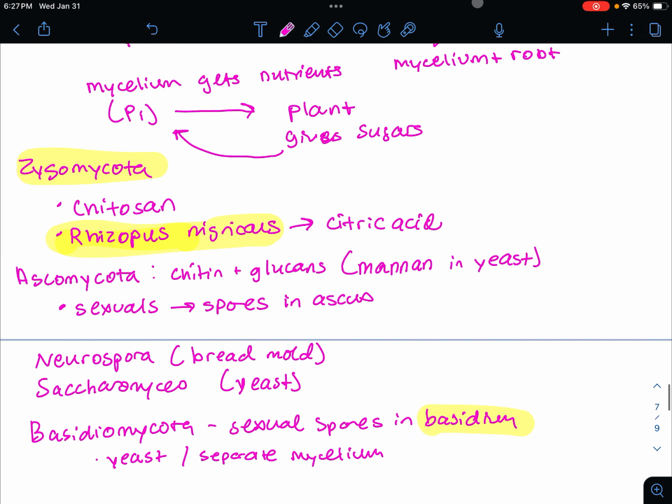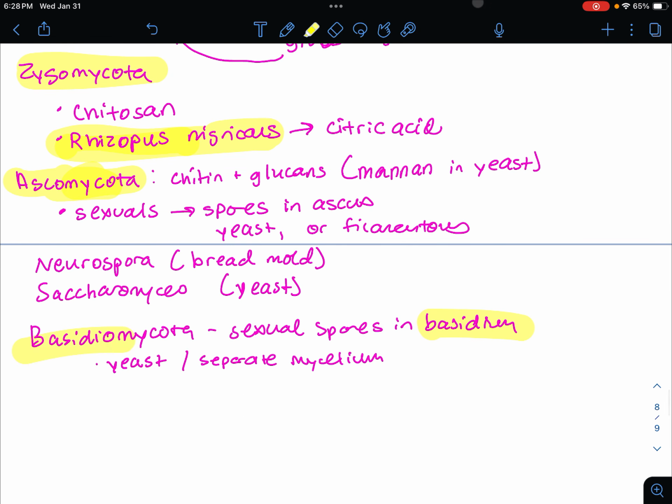Remember here we had filamentous in the Ascomycota. Alright, back to Basidiomycota. We are going to have glucans and chitin again. The Agaricus species or mushrooms are cultivated for human consumption. So Agaricus mushrooms, it's a main player right there.